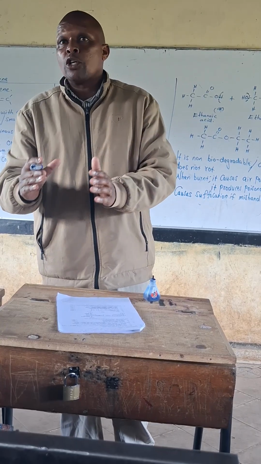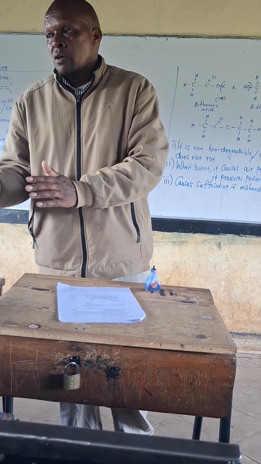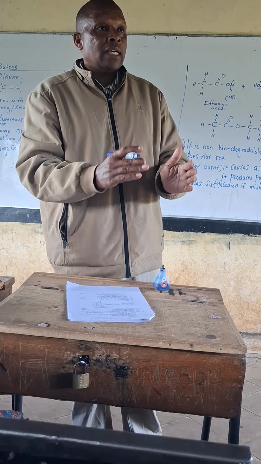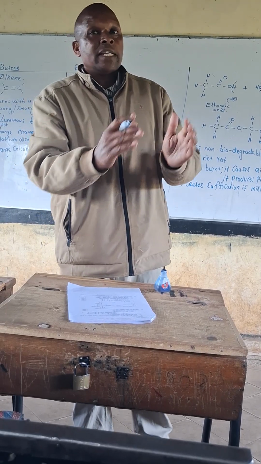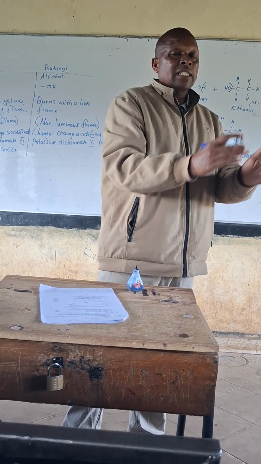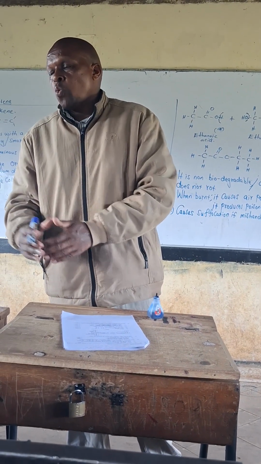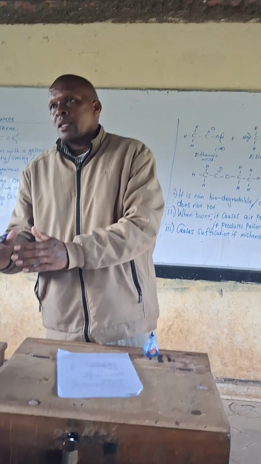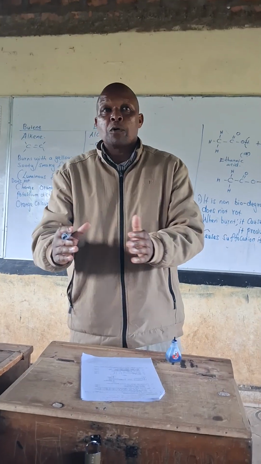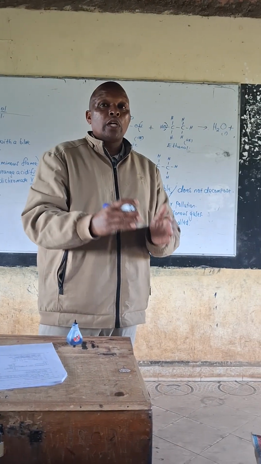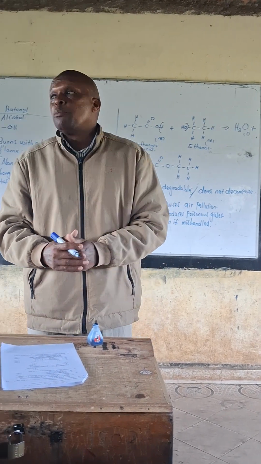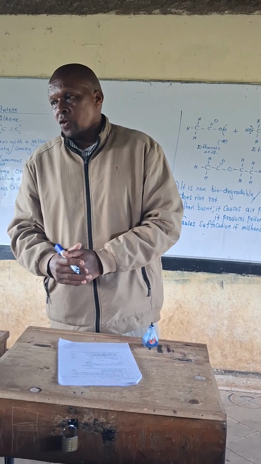Then you give the expected observations. For butene, the orange color of acidified potassium dichromate(VI) persists, while the orange color of acidified potassium dichromate(VI) changes to green in butanol.